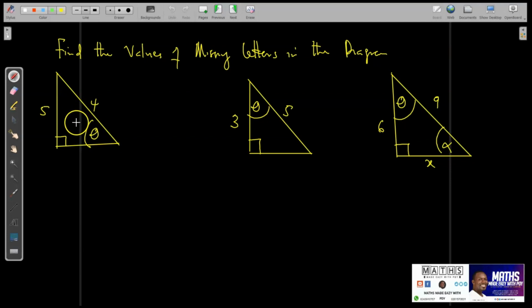Sir, because we're given the hypotenuse and we're given the adjacent. Are you sure from this diagram? Sir, sometimes I don't know how to tell whether it is opposite or adjacent. All right. It's supposed to be the opposite. Ideally, this question has a question mark on it.